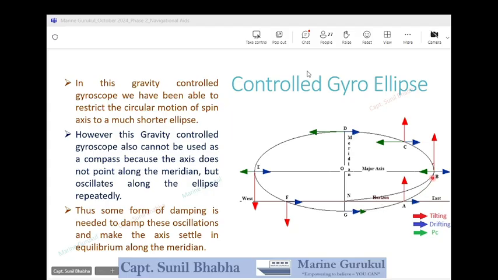The spin axis is going to follow this particular oscillation, and now we need some form of damping so that we can dampen these oscillations and make the spin axis settle in equilibrium in the meridian. So some form of damping is required which can dampen these oscillations and make our gyro steady in the meridian. It should settle in equilibrium in the meridian.